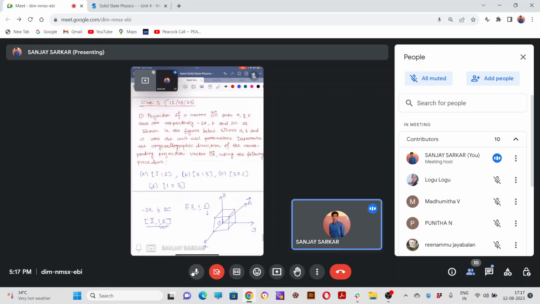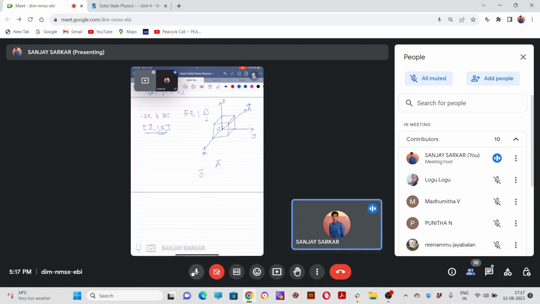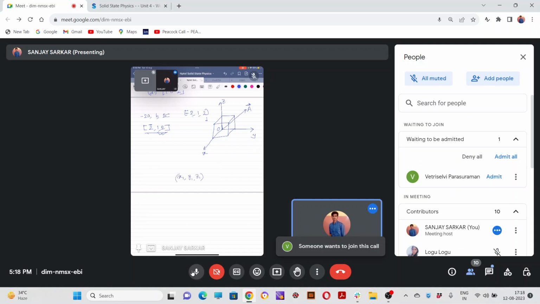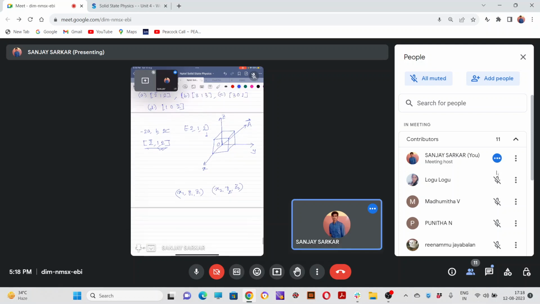You can also find this by, let's say, a general vector OA. You can find two coordinates of this vector. Here 0 0 0 is already known, and if you find another point on the line, say x1 y1 z1, and another point x2 y2 z2, it is an easier way to calculate the directional indices instead of calculating the projection.